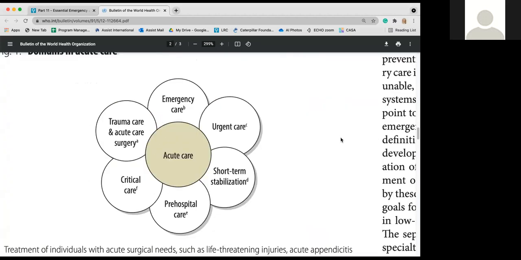I think this is a good summary of how difficult it is to define acute care. When we think about a patient who has a life-threatening condition, for example a polytrauma patient, acute care starts even before the hospital, once the paramedic, in our system SAMI, reaches the patient.